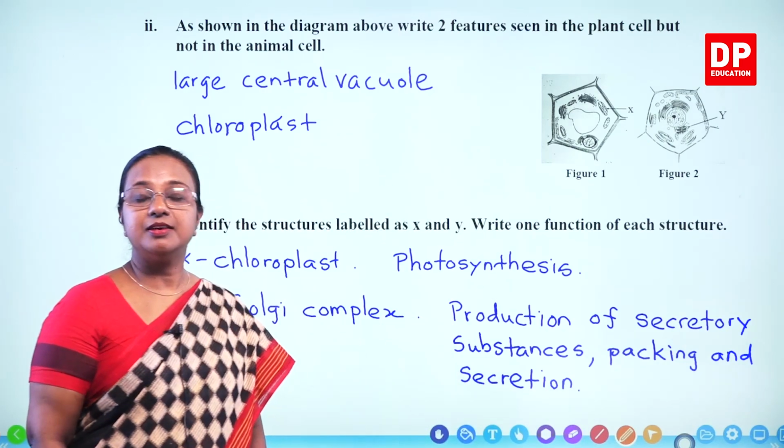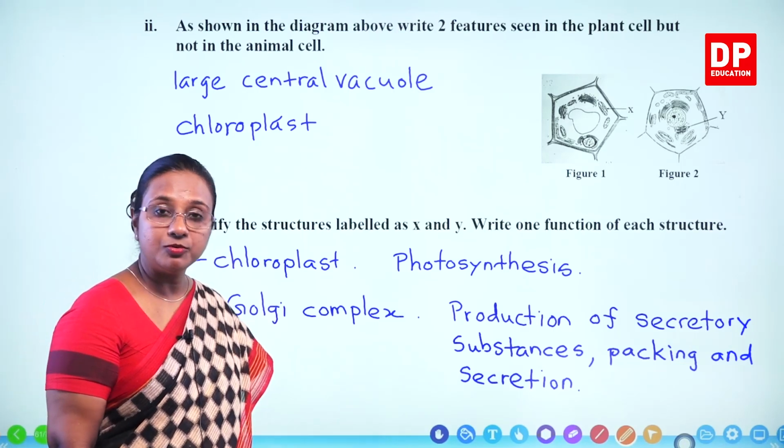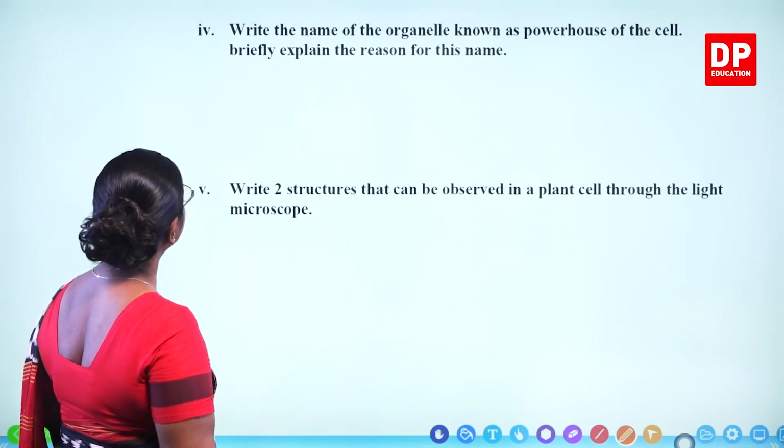So those are the functions of Golgi complex. We will move on to the next part of the question.